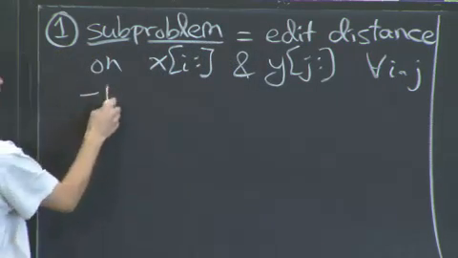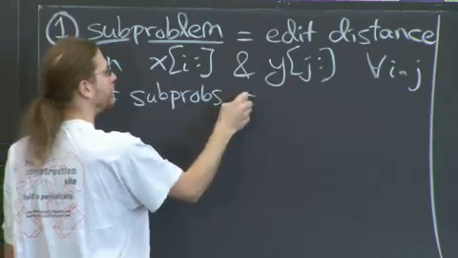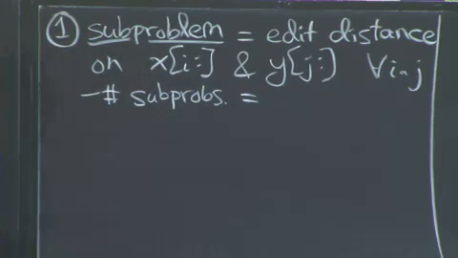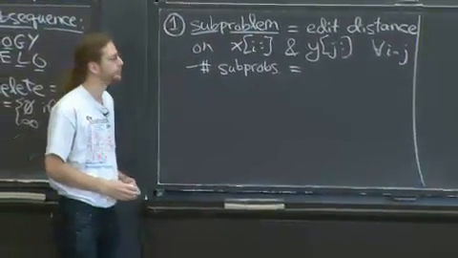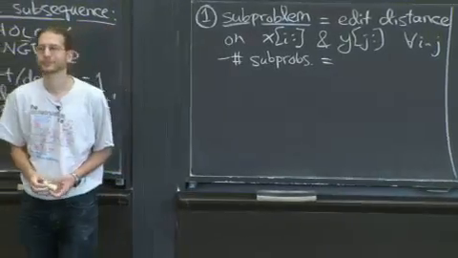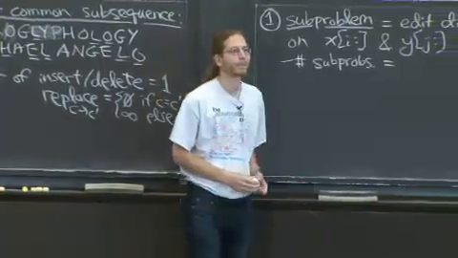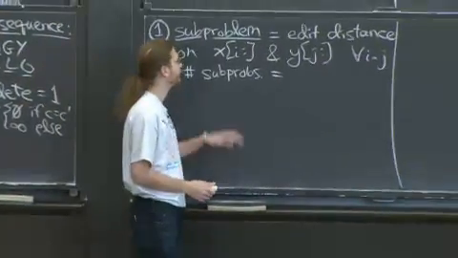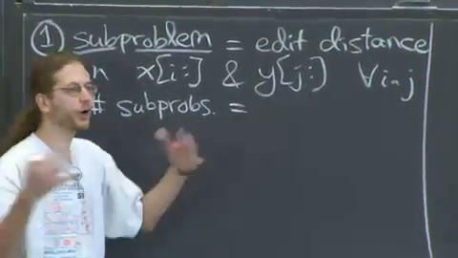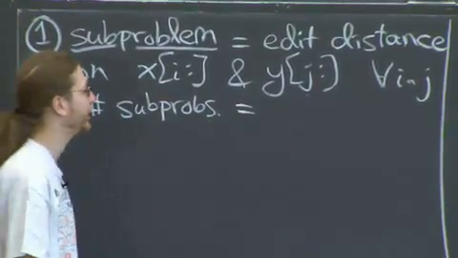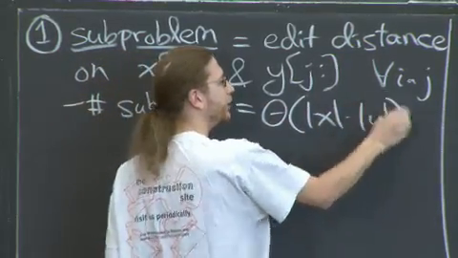And so the number of subproblems is n squared. If x is of length n and y is of length n, there's n choices for this, n choices for that. We have to do all of them as pairs, so there's n squared pairs. In general, if they have different lengths, it's going to be length of x times length of y. But it's quadratic.